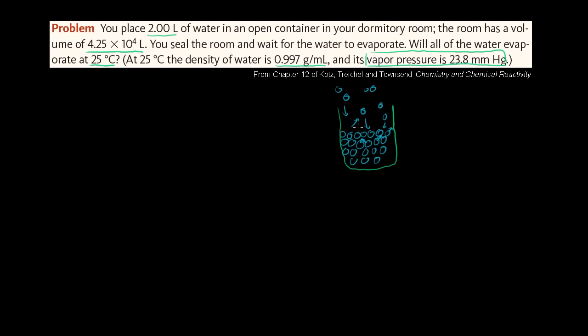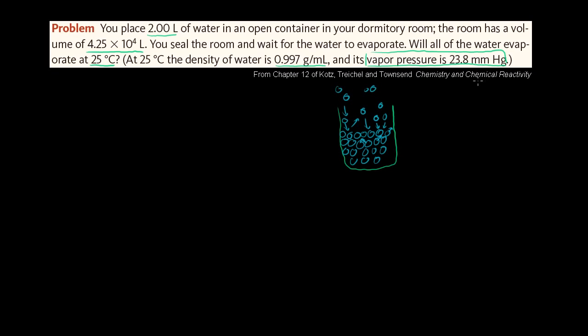As more and more of these water molecules vaporize and go into the gaseous state, more and more will also create downward pressure. More and more will also be colliding with the surface of the water. And the pressure at which the liquid and the vapor states are in equilibrium is the vapor pressure. And they're telling us right now it is 23.8 millimeters of mercury.